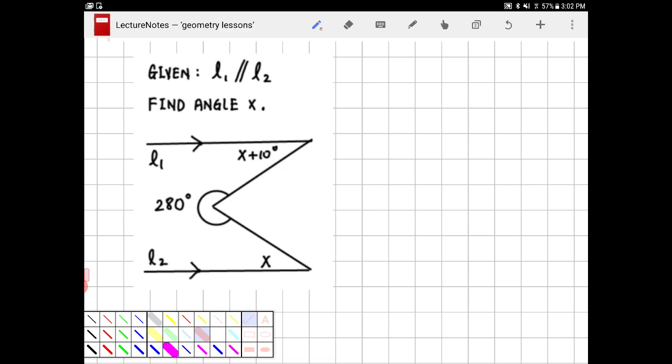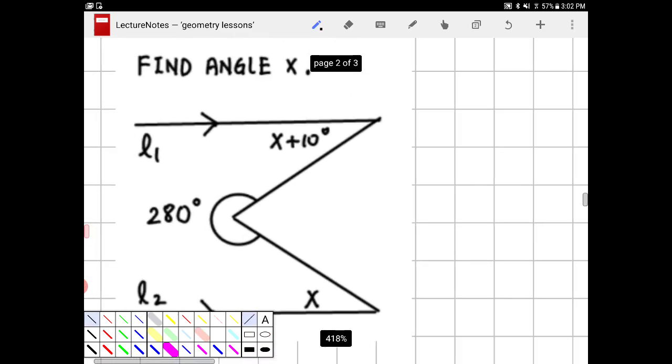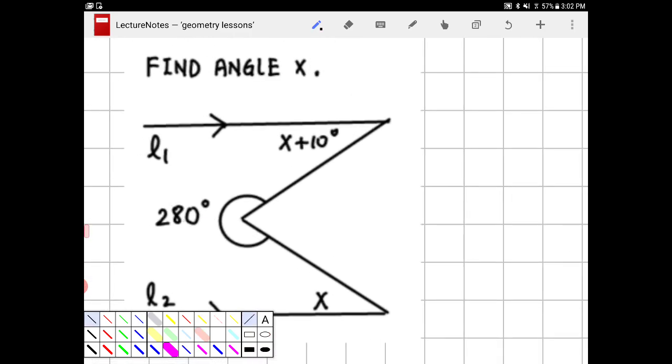What I can do is draw a line passing through that vertex. What I'm doing is putting in place axiom number 5 from the geometry axioms that I introduced 3-4 lessons ago.